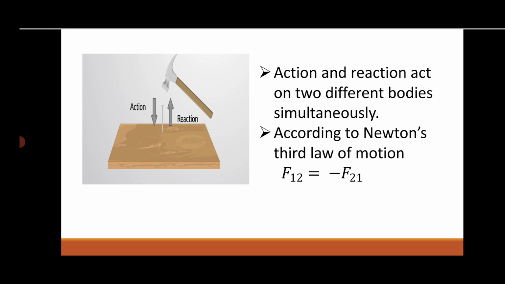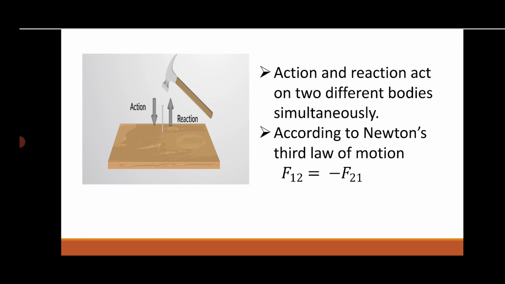But what about the reaction? The reaction is the nail pushes back on the hammer with an equal and opposite force. Do action and reaction occur on the same body? Yes, the action and reaction act on two different bodies simultaneously.